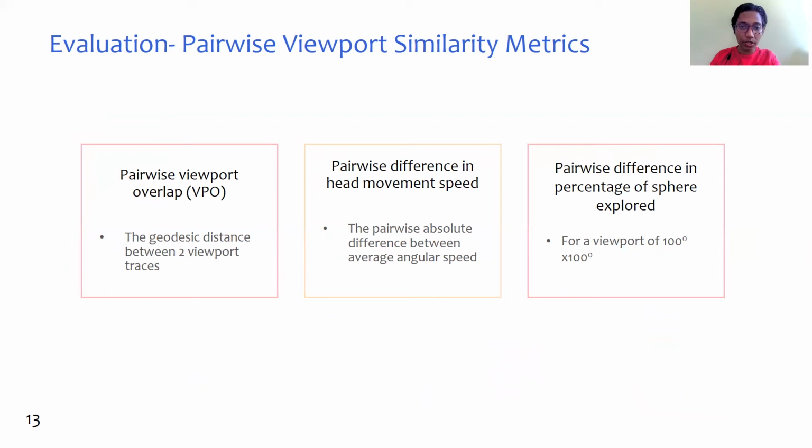The second and third metrics, which are the pairwise difference in head movement speed and the pairwise difference in the percentage of sphere explored, are calculated by taking the absolute difference between the corresponding feature values in the feature vectors. For a meaningful clustering, we expect maximization of the pairwise viewport overlap metric and minimization of the pairwise difference in head movement speeds and the pairwise difference in percentage of sphere explored metrics.